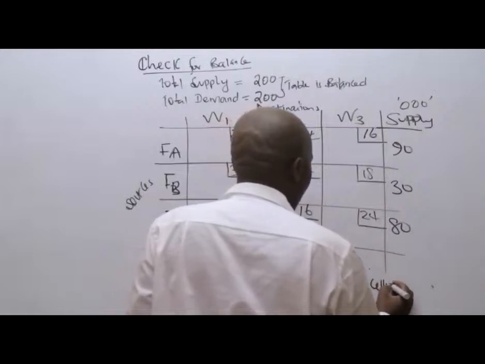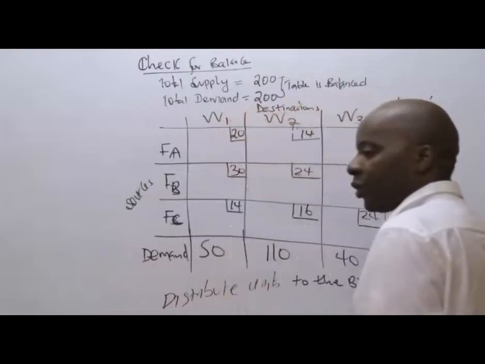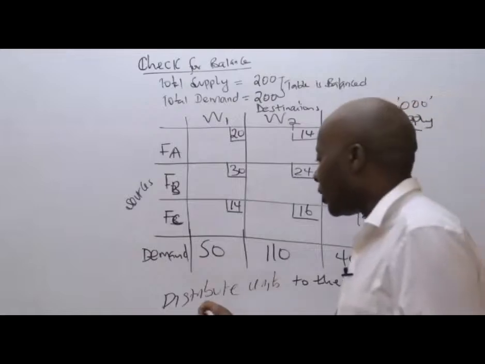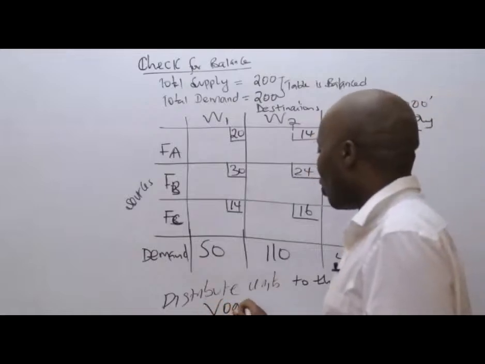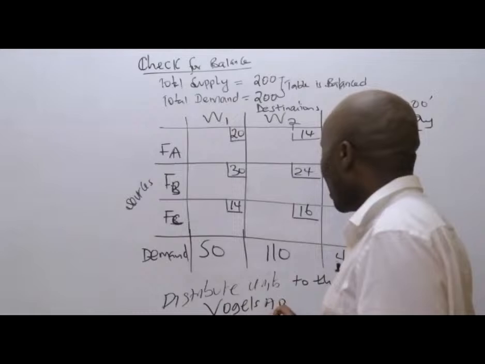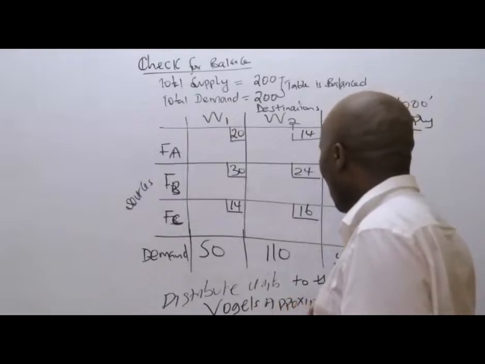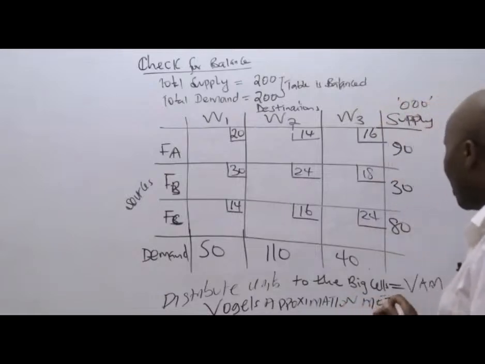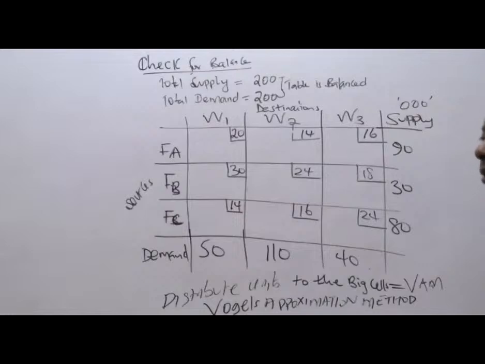Remember, in QA, for distribution of units to the big cells, we always use what we call Vogel's approximation method.